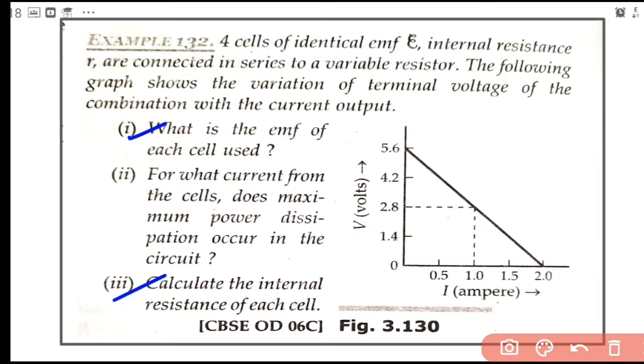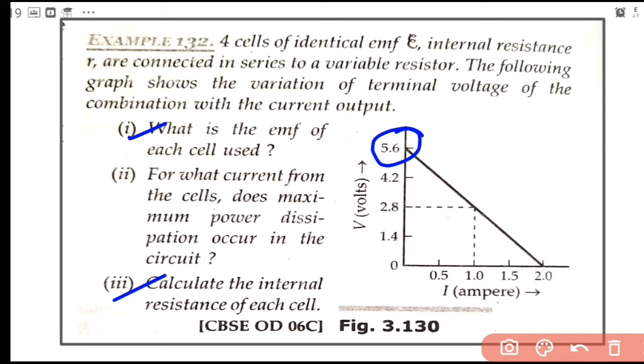So here four cells of identical EMF, that's what is given. As we look for the total EMF, the total EMF will be what? 5.6. Because when current is equal to 0, the potential difference is 5.6. So that corresponds to the total EMF of 4 cells.